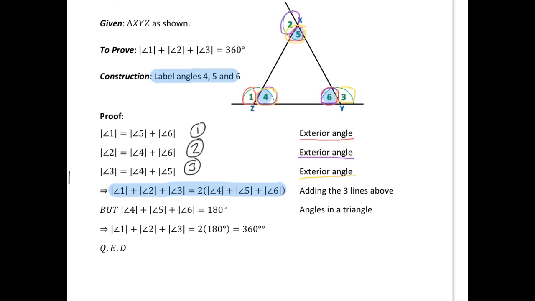So angle 4 plus angle 5 plus angle 6 must be equal to 180 degrees. So this implies angle 1 plus angle 2 plus angle 3 is equal to 2 times 180 degrees, which is 360 degrees.